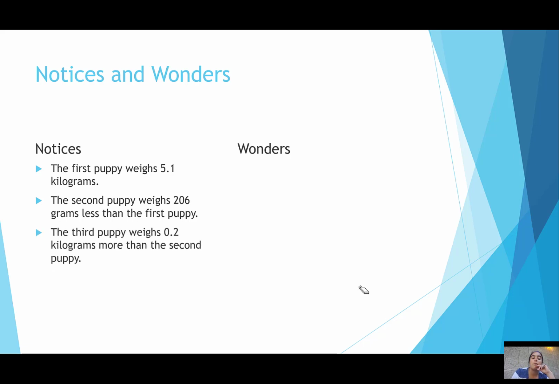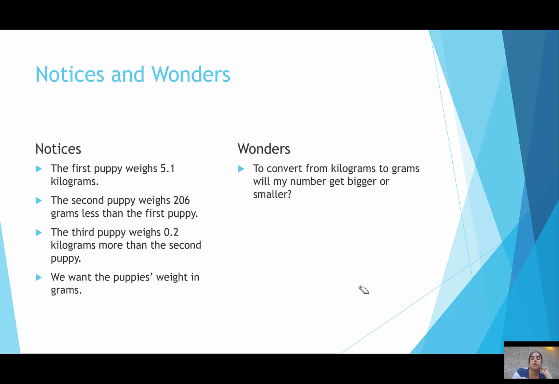The third puppy weighs 2/10 kilograms more than the second puppy. We want the puppies' weight in grams. Some wonders: to convert from kilograms to grams, will my number get bigger or smaller? How can I use the King Henry chart to help me?